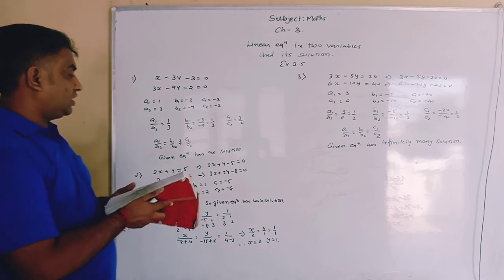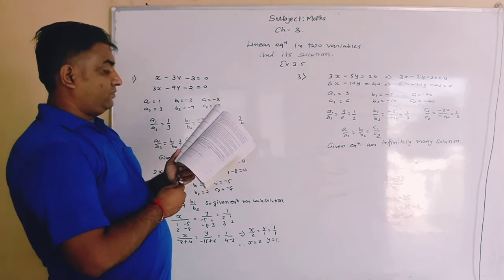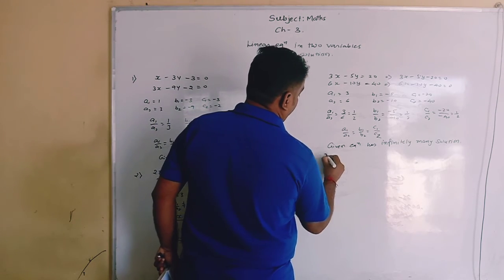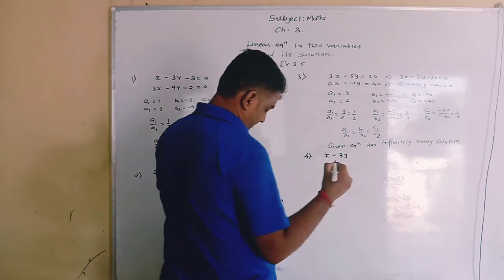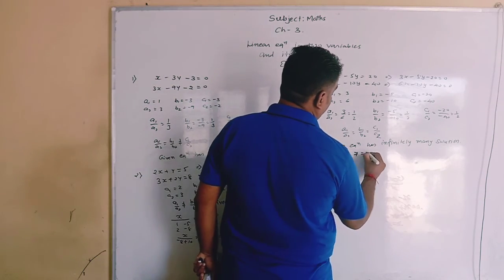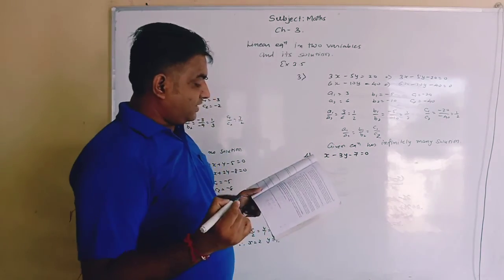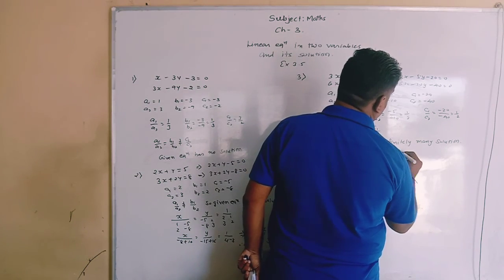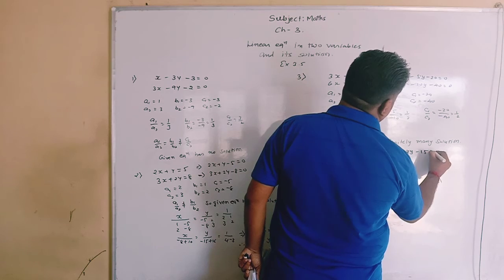Now the next question is given: x minus 3y minus 7 equals 0. The second equation is 3x minus 3y minus 15 equals 0.